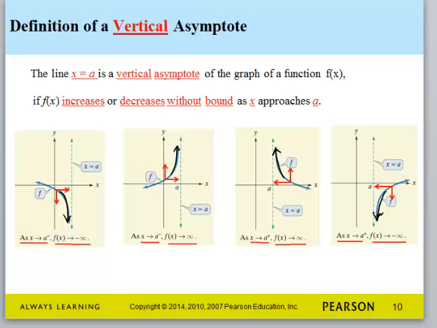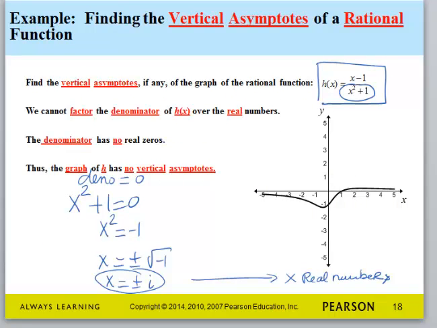So look back at the graph over here that we were looking at. When you take a look at this last function that we have, you don't have the graph shooting through the top or through the bottom over here, and you do not have an asymptote at all that is a vertical asymptote in this situation.